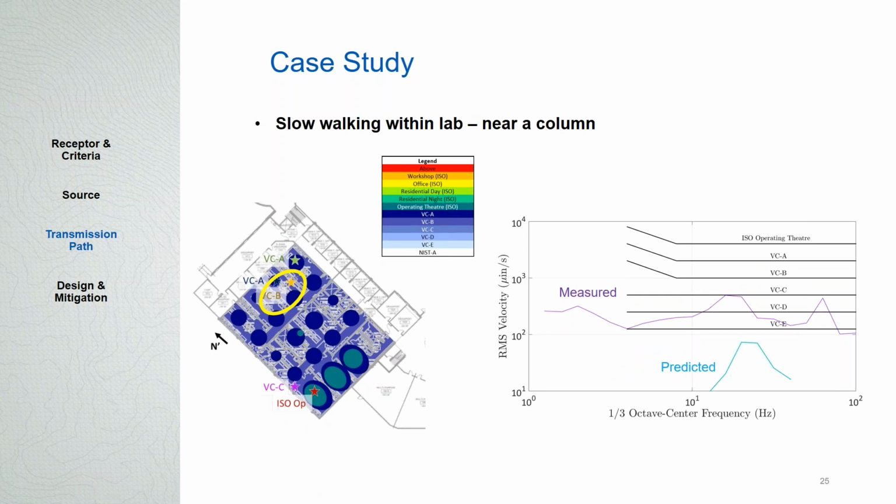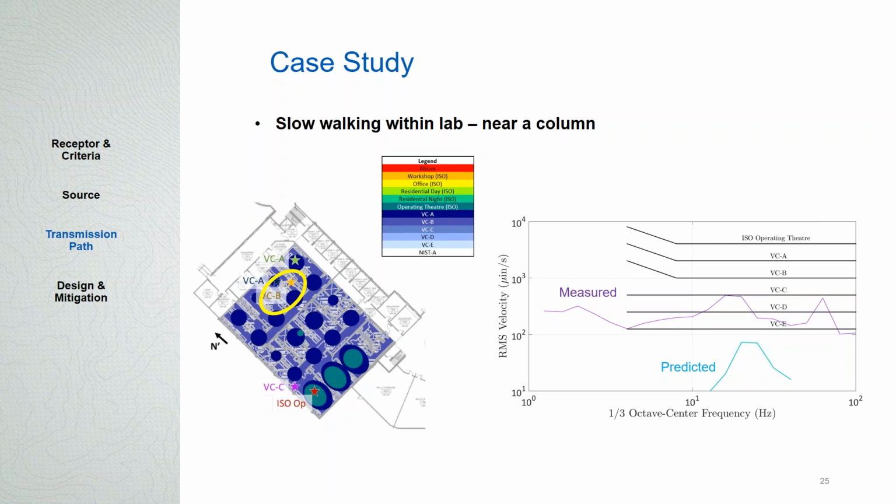And so what we've got here is the measured, we're getting just under VC-C or so, with the predicted, we were predicting about VC-E. So what's going on in this case? Well, it's because we're near a column. We're kind of near the edge of our model, because when we're doing the predictions, we're modeling the floor plate. We have the columns included there, but then you need to assume a boundary condition, right?